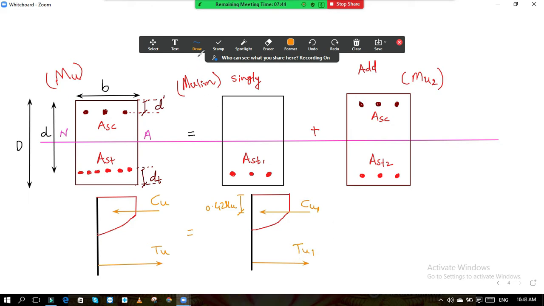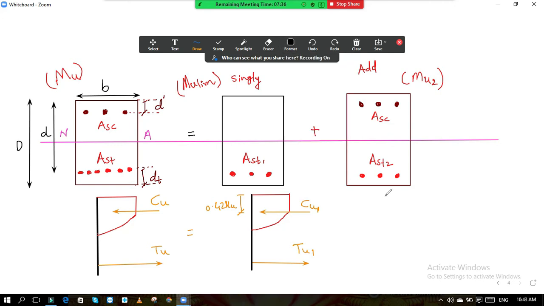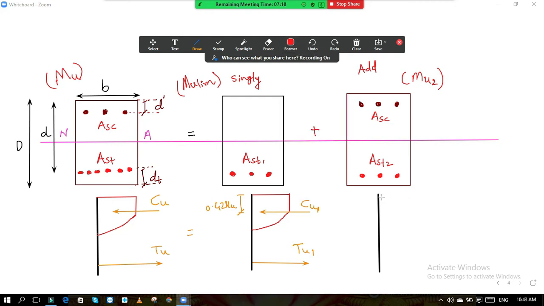Okay. And now we will look for the additional section also. And for that, again, if you draw the diagram, the shape will be the same. Same curve we are going to plot.